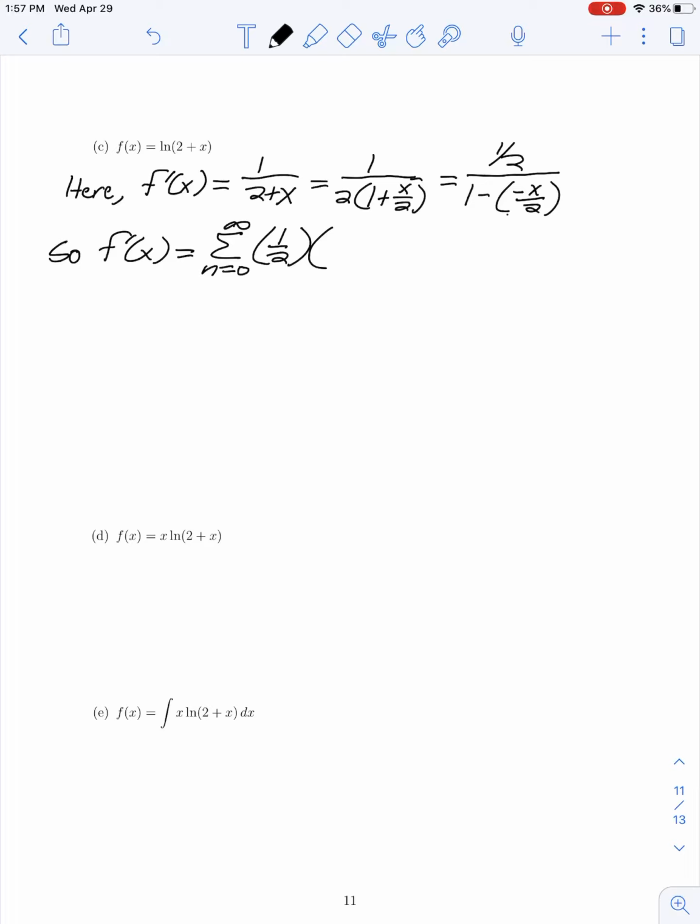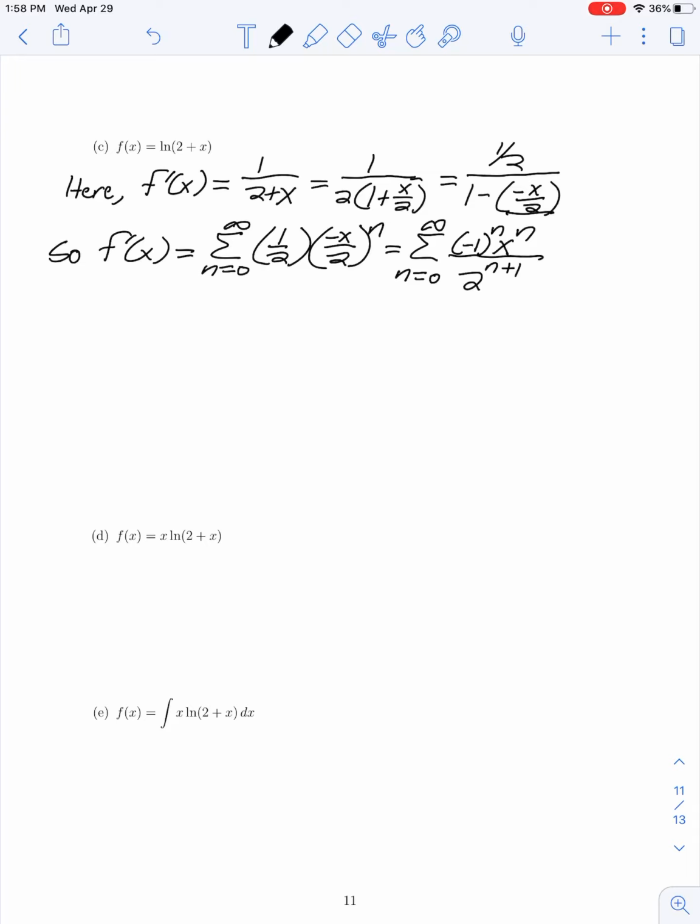And here my ratio r is this negative x over 2, raised to the nth power. I could rewrite this as the sum from n equals 0 to infinity of negative 1 to the nth times x to the n divided by 2 to the n plus 1 power.